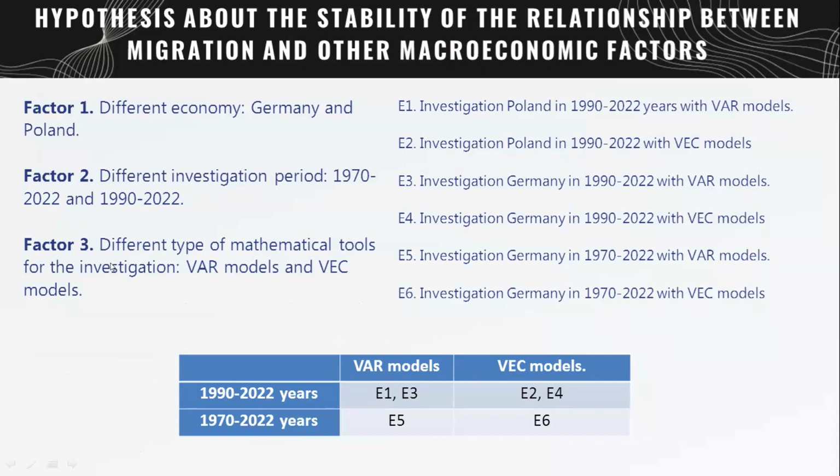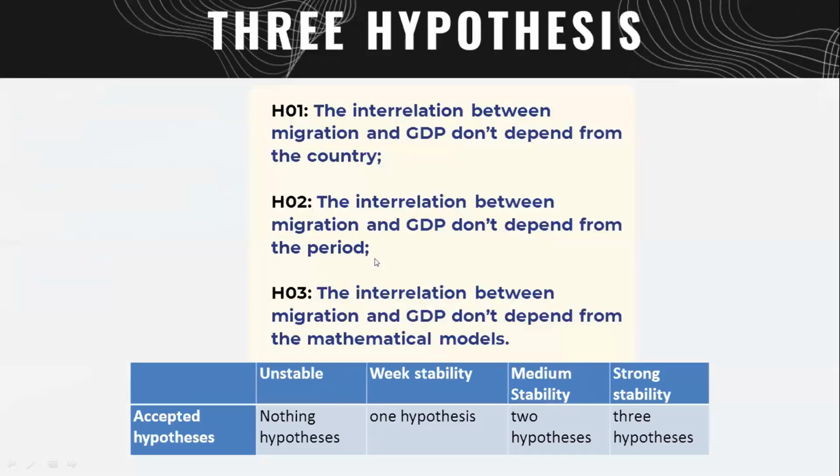And third is a different type of mathematical tools. We used two main models: VAR models, vector autoregression models, and vector error correction models. Combining these factors, we have six experiments for the investigated economies, in different periods, with different models.